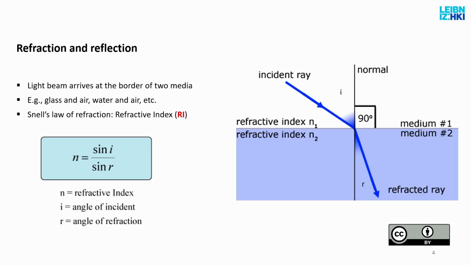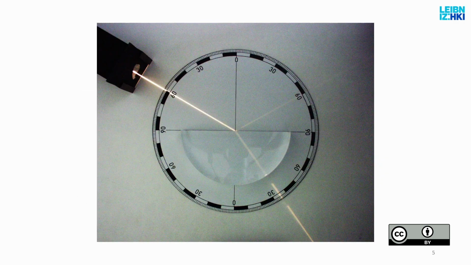And because this is constant, we can measure the law and prove it, and this was done years ago, of course. You can take, for example, a half circle shape of plexiglass, and then you can illuminate it with a laser pointer, and you will see that the incoming beam will bend towards what we call the optical axis, this normal vector here, this perpendicular line.